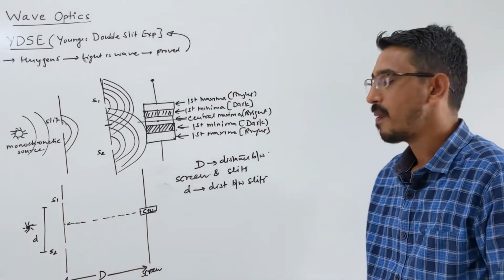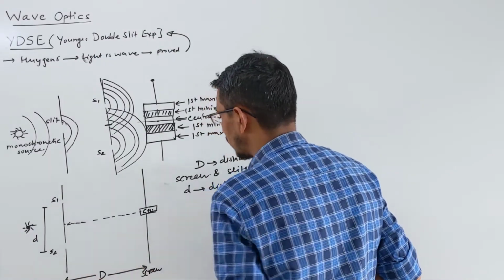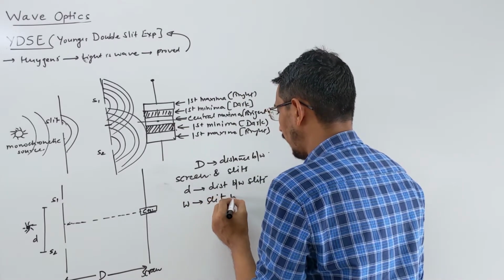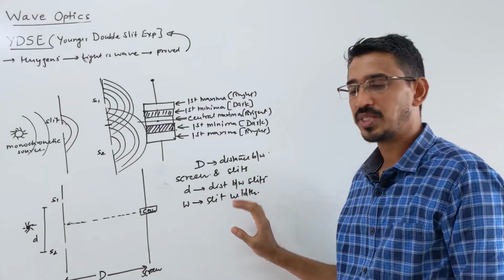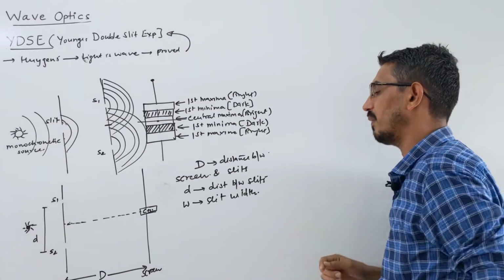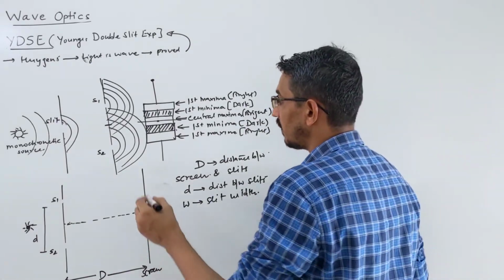Apart from this, as I already discussed, the slit width we also write as W, so we will write this: slit width. This will not come into this calculation, still I am writing it to understand. The slit width is a very small, very fine opening. What we are interested in now is a general point here.